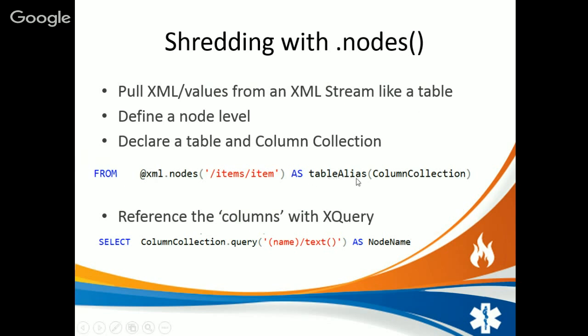And then this is your table alias and column collection. So these two alias names are required. You can have them whatever you want, but for this sample I named them as such. So column collection, and then in your column selects, you say select column collection dot query, and then from there you use the extensions to look at whatever XML level you're interested in.